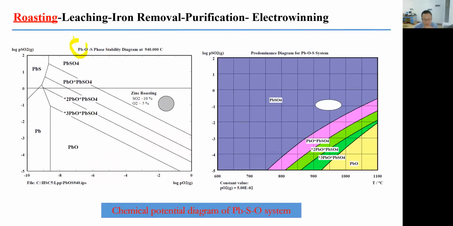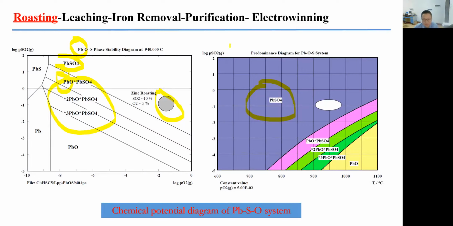And the lead is a twin brother or twin sister for zinc, and under the processing parameters of roasting, we can find out that lead is easily transferred to lead sulfate, because there are different forms of lead sulfate with different bases, with different chemical formulas. But when we are determining the composition of the gas phase, we know that the main form of lead product will be lead sulfate.